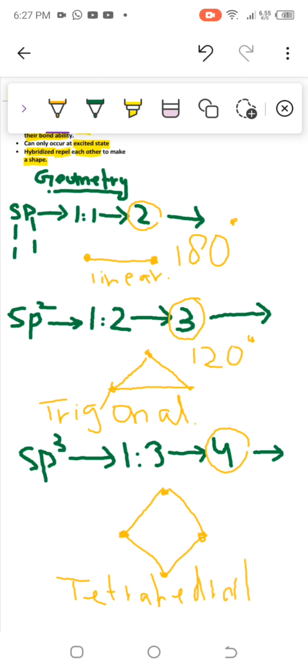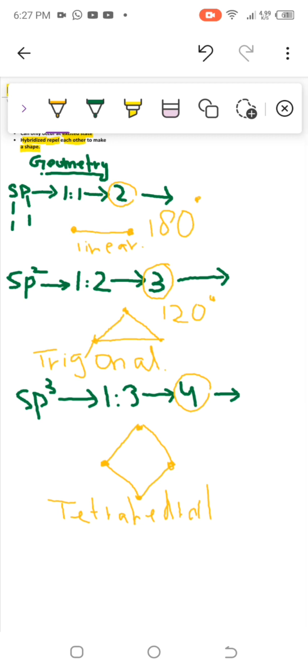Tetrahedral structure, at the angle of 109.5 degrees. ठीक है. Hopefully all these geometries are clear to you.